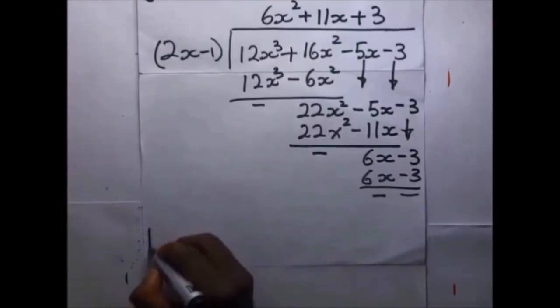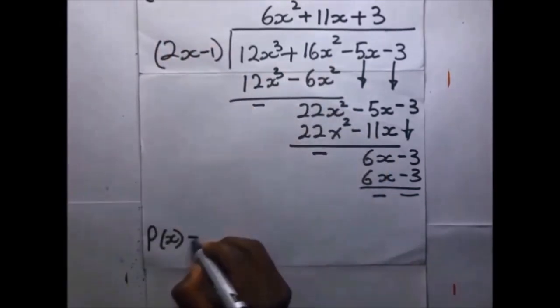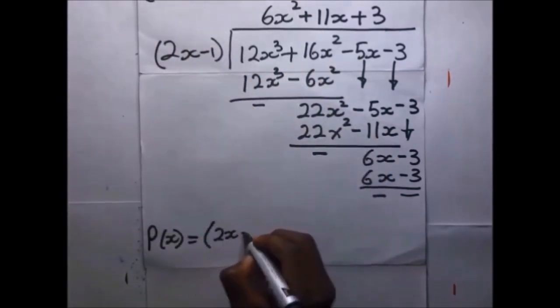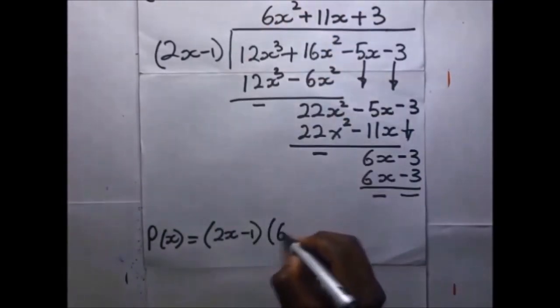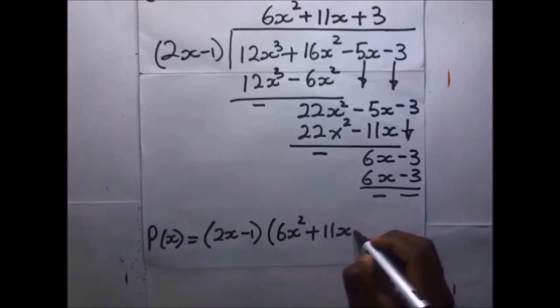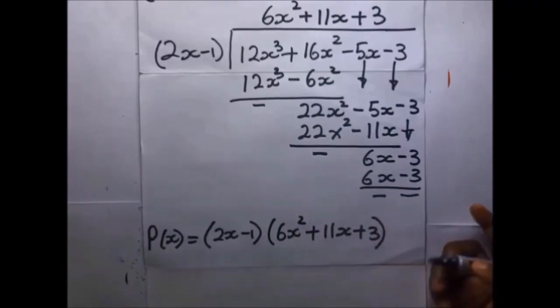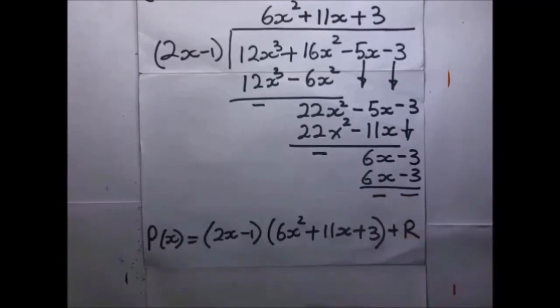So our polynomial p of x is going to be equal to 2x minus 1 times 6x squared plus 11x plus 3. Of course, plus our remainder, but our remainder is equal to 0. So even if we ignore that.